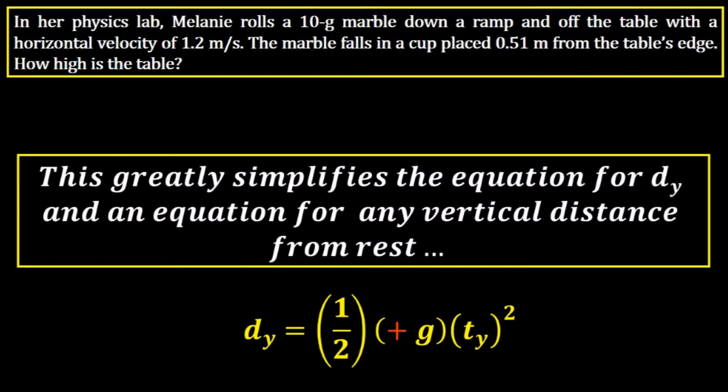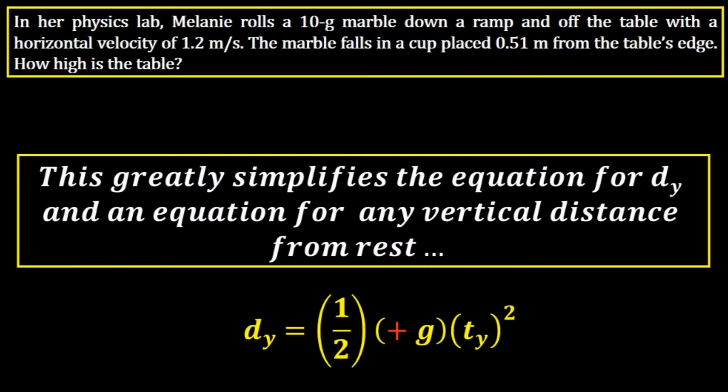Well, let's first come up with a simplified version to measure dy from an initial velocity of 0. So V naught t will cancel out. I'm left with 1/2 g ty squared. I'm going down, so g is positive. G is 10 meters per second squared, so 1/2 of 10 is 5.